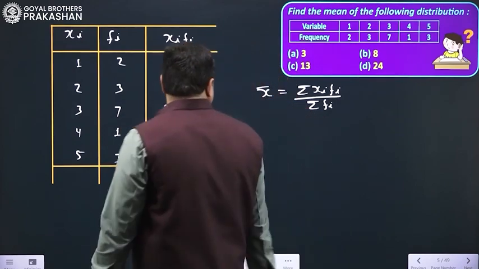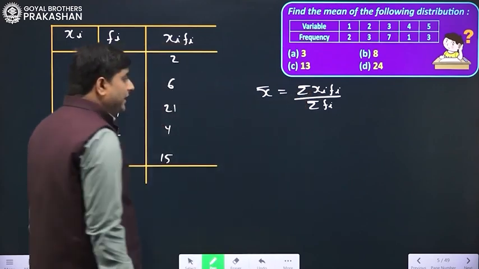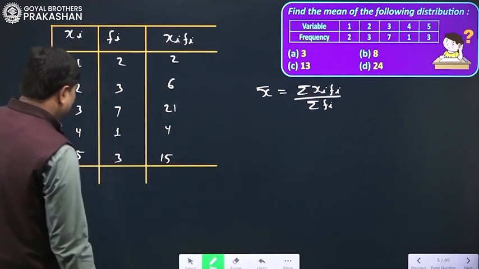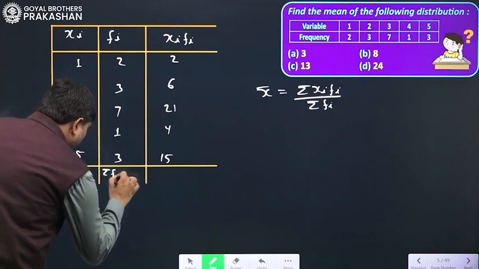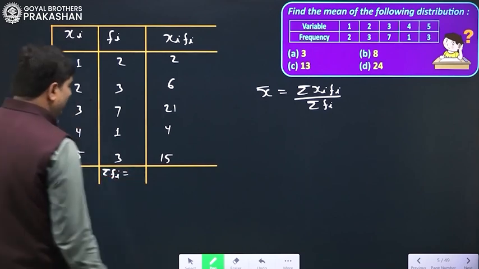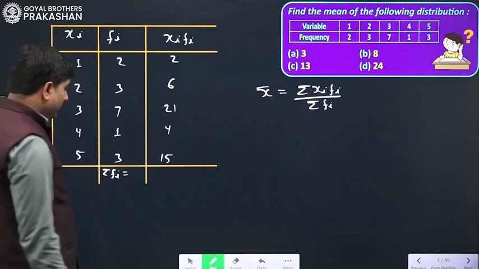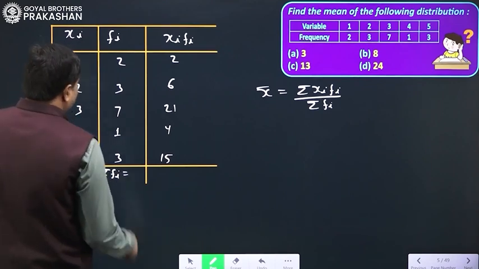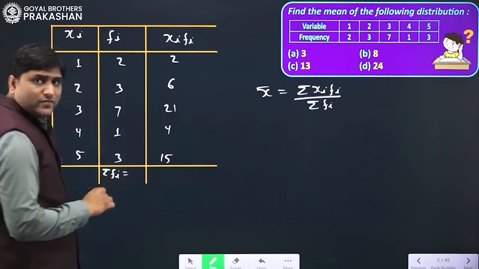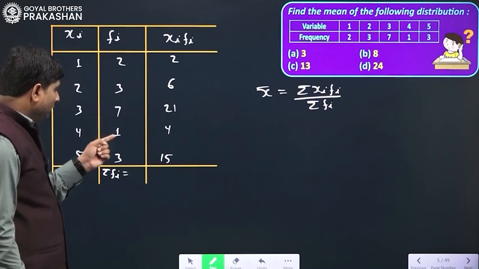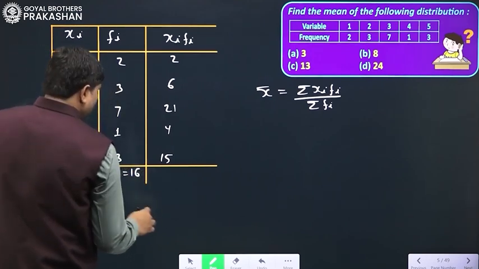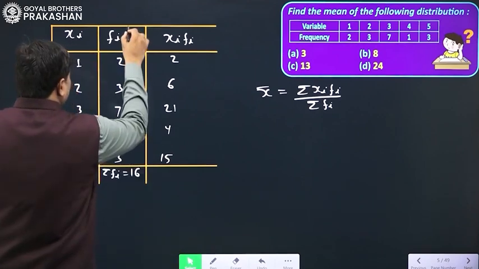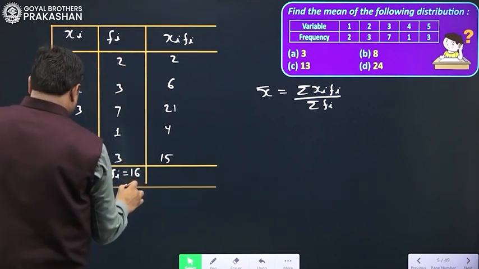Now what we have to find? We have to find summation of xi fi and also summation of fi. So if we add all the values of the fi column, then it will be summation of fi. So it is 2 plus 3, 5, 5 plus 7, 12, 12 plus 1, 13, 13 plus 3, 16. So summation of fi is 16.